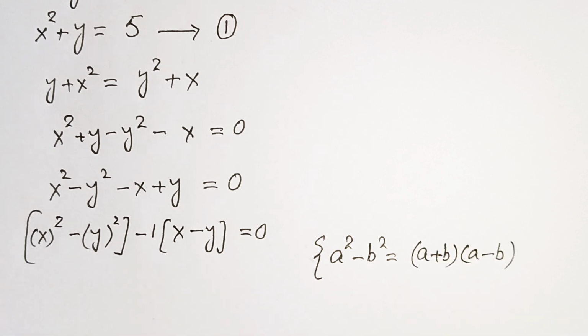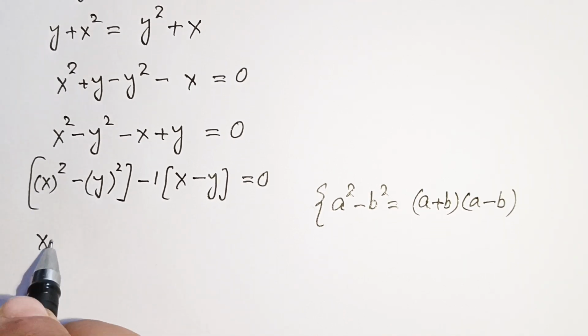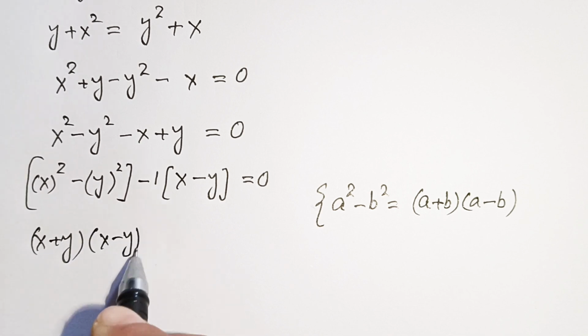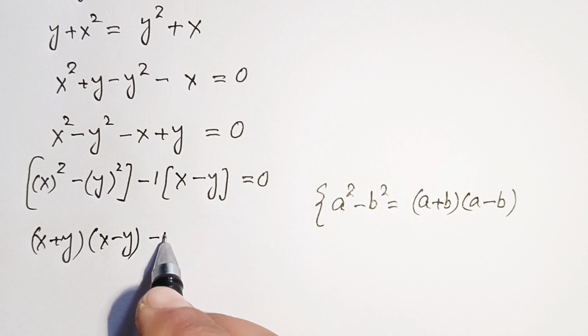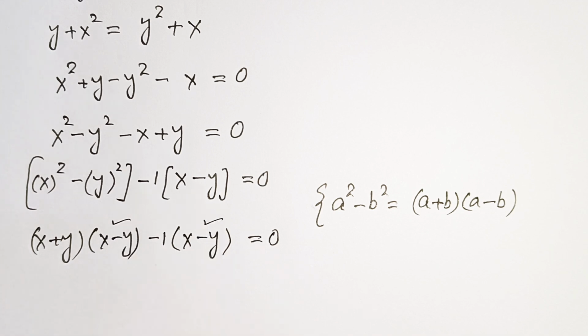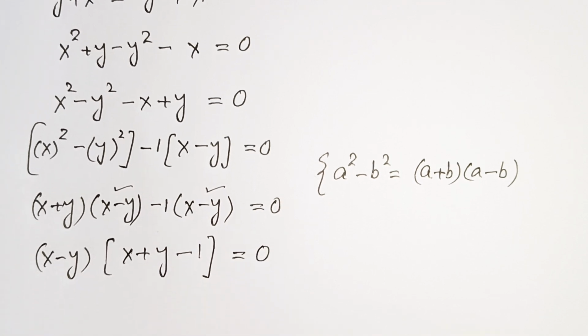So applying this formula, it will be x plus y times x minus y, and here we have minus 1 times x minus y is equal to 0. So x minus y is common here, then taking x minus y common, we get x plus y minus 1 is equal to 0.